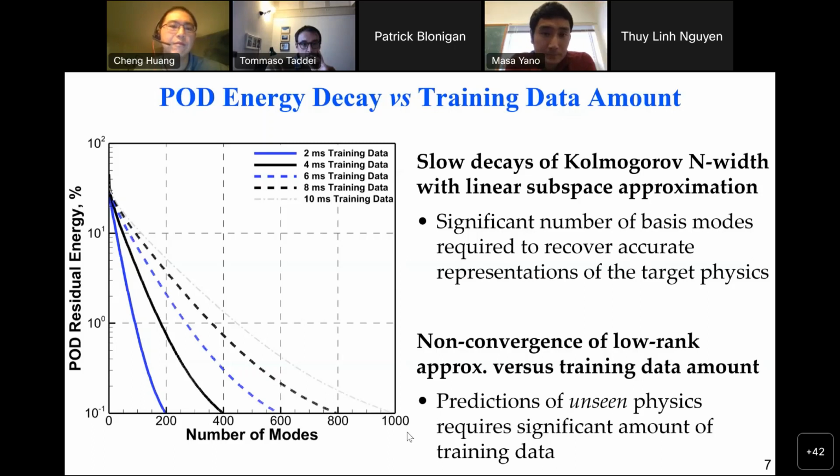That makes the ROM unaffordable. Another thing you may notice is that there's no convergence of the low rank approximation versus the training data information. So what it says is that every time I want to predict better into the future, I'm expecting that if I include more training data, I get a better representation.